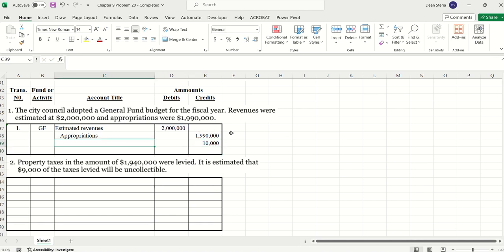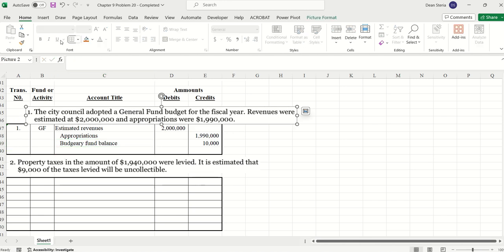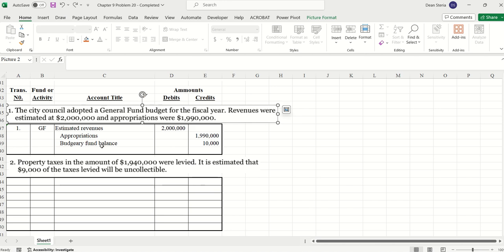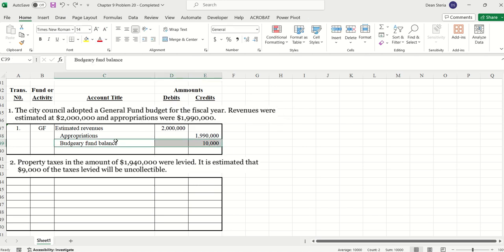So we're going to call that budgetary fund balance. Okay, and that all comes from right up here. And then the difference we plug to our budgetary fund balance.